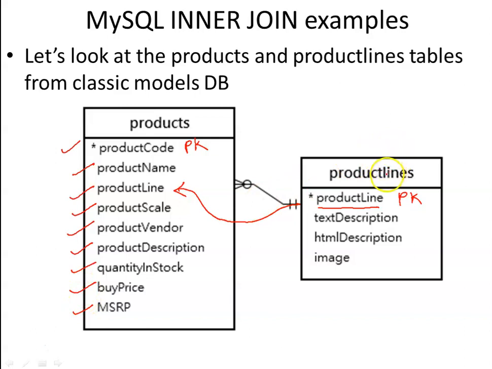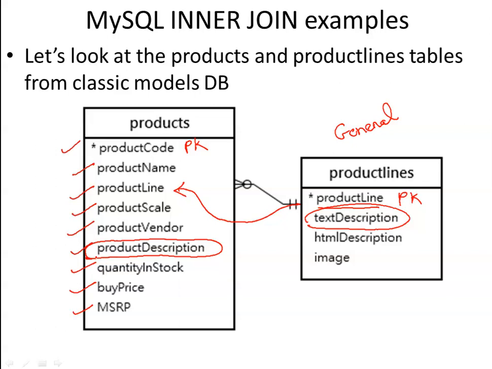Whereas in the product lines, it gives you the text description about that particular product. So in the product lines table, it gives you the general description about the products, whereas over here in the products table, it gives you specific description about that particular product.